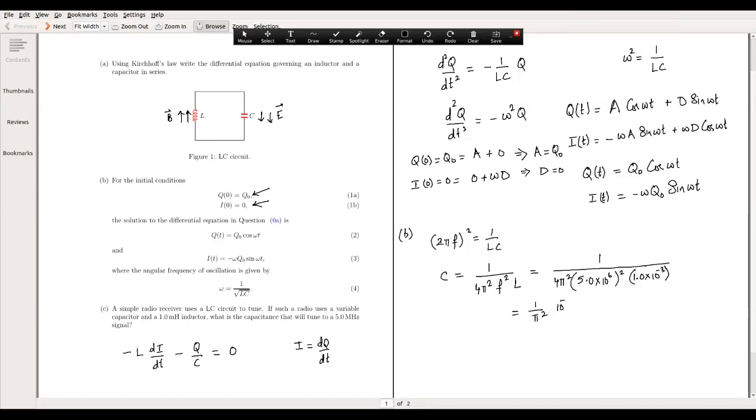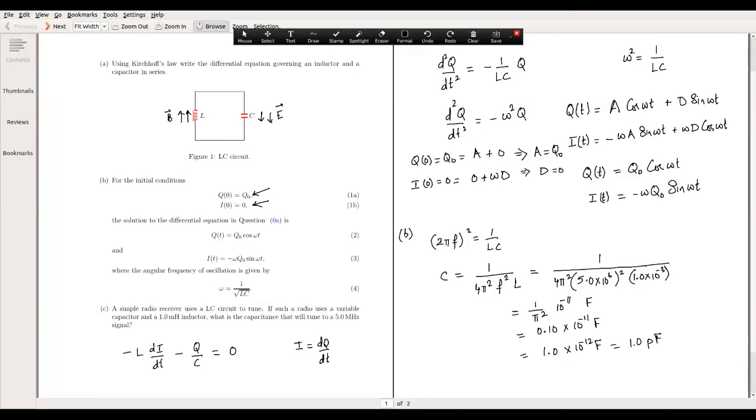So it's 10 raised to minus 11 farads times 1 over pi squared. That's 0.10 times 10 raised to minus 11 farads, which is 1.0 times 10 raised to minus 12 farad, which is 1 picofarad.